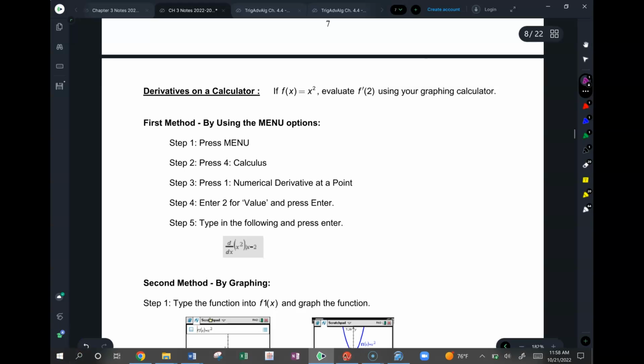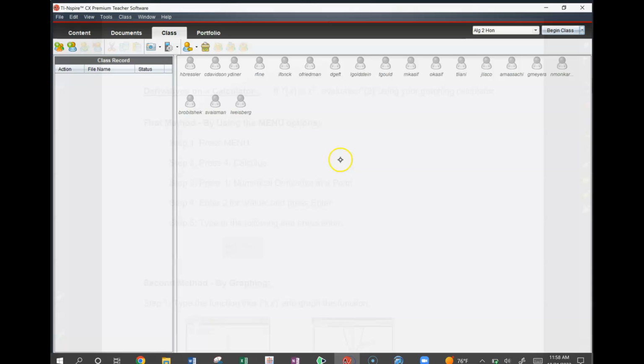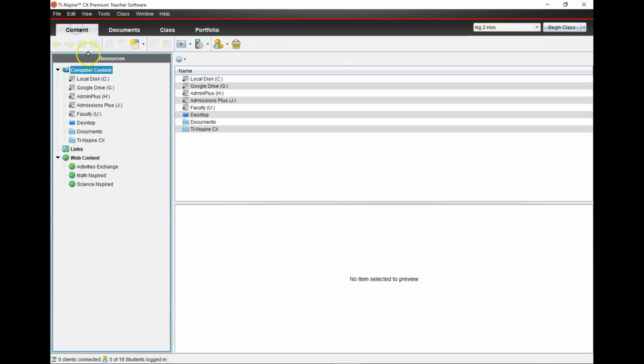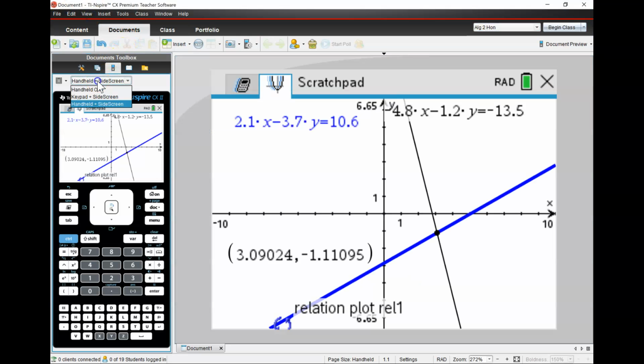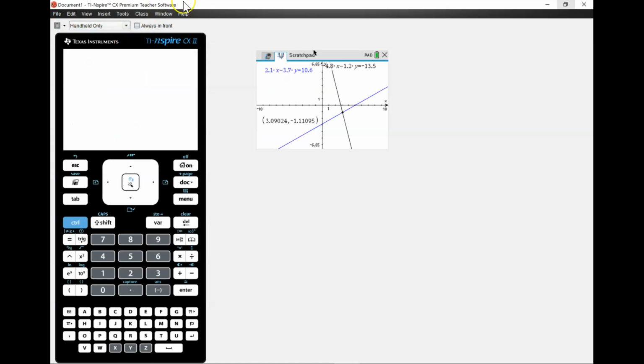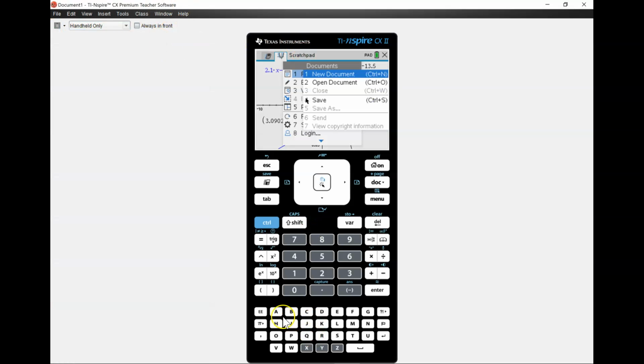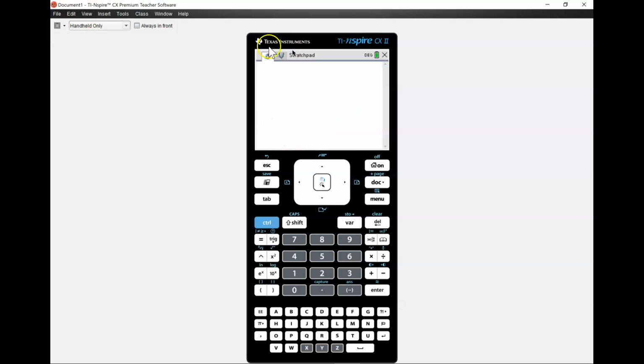Okay, go ahead and take out your calculators, please. In the graphing part here, I want you to type in x squared and just graph x squared.